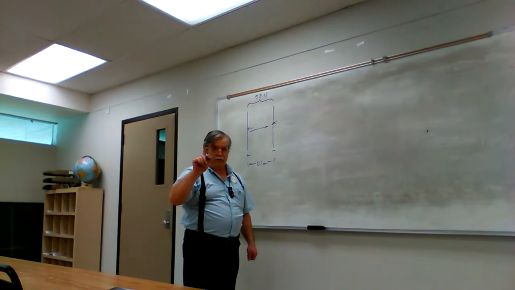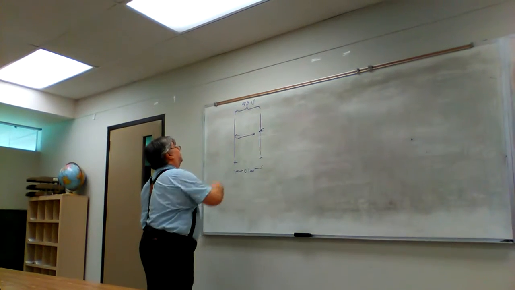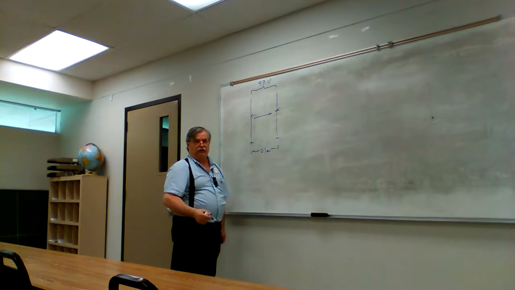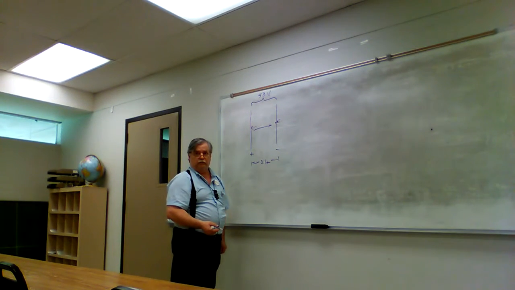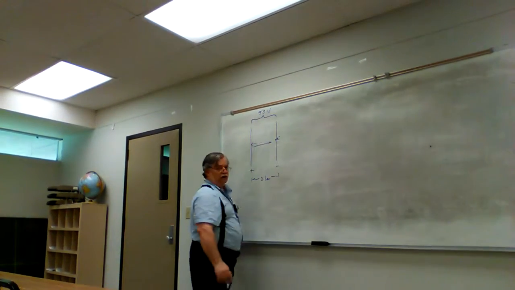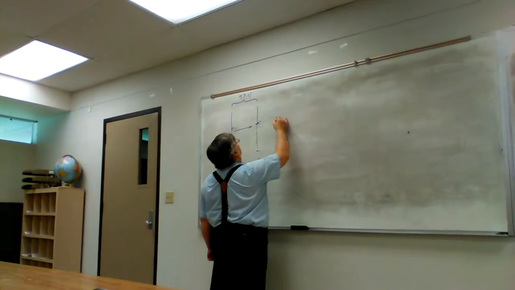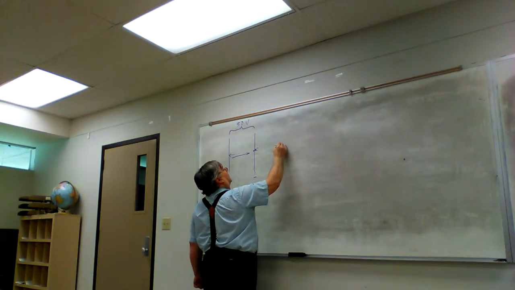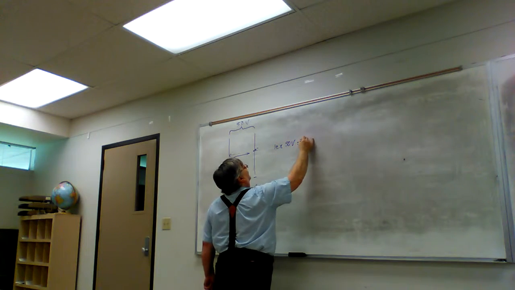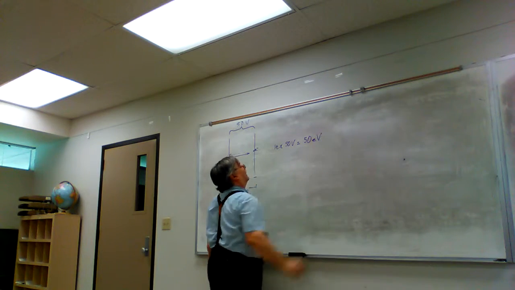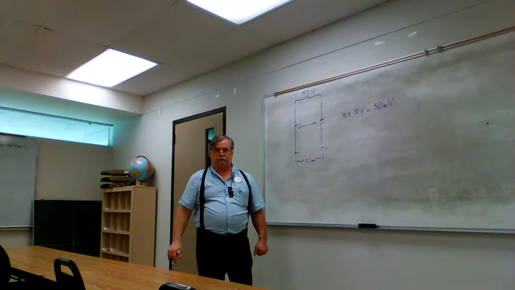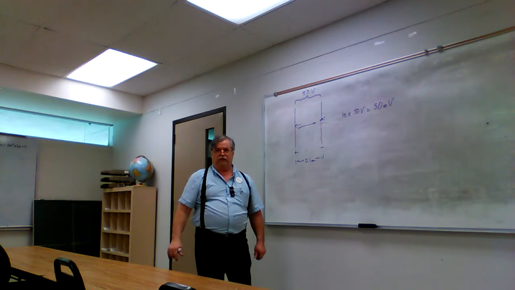We would, but how much energy does it have when it gets here? How much energy does it acquire? I'm talking about before it hits the plate. It acquires 1 electron times 50 volts, or 50 electron volts of energy.